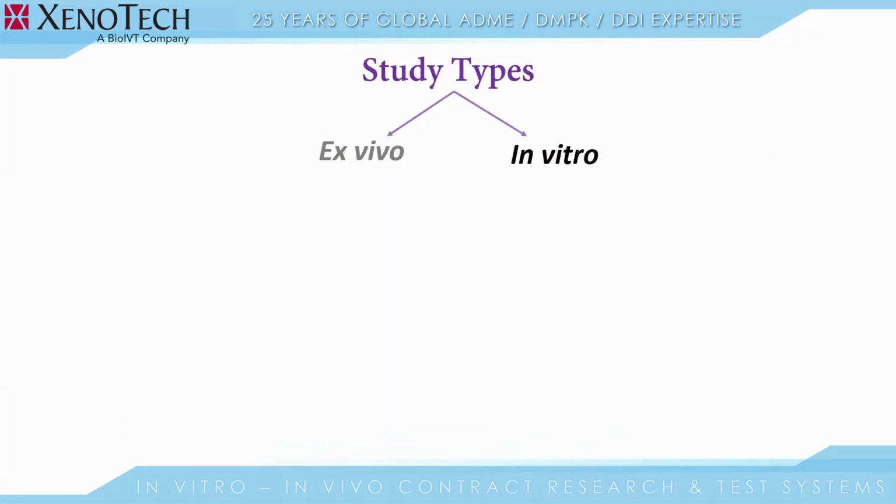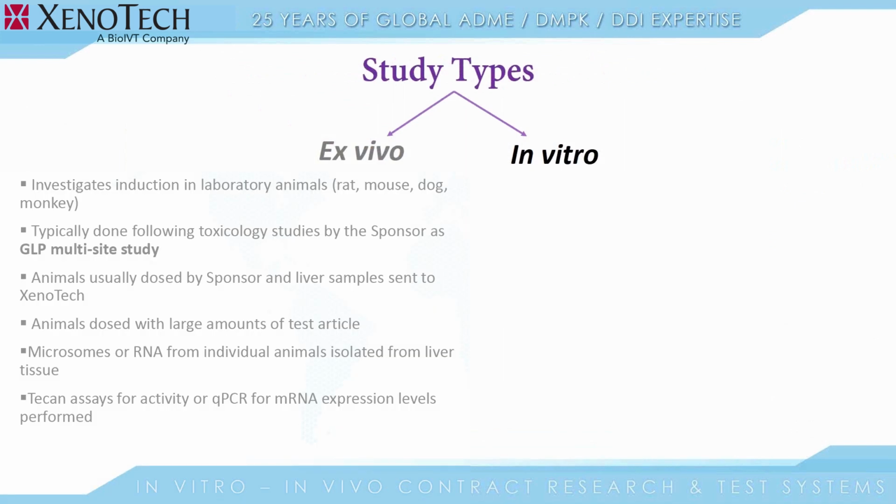So there are two main types of induction studies that we conduct here at Sekisui: ex vivo and in vitro studies. Now, for ex vivo studies, the investigations of induction are conducted in laboratory animals, usually rat, mouse, dog, or monkey. These are typically done following toxicology studies by the sponsor as a GLP multi-site study.